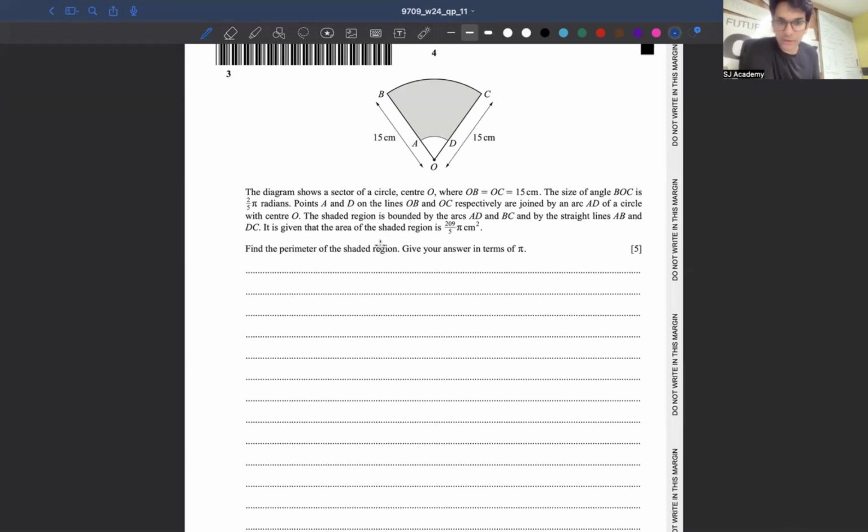Now, to find the perimeter of the shaded region, we should know that it includes the line AD. So we can write the perimeter. So the perimeter will be equal to the length of the line AB, plus the line DC, plus the arc length AD, plus the arc length of BC.